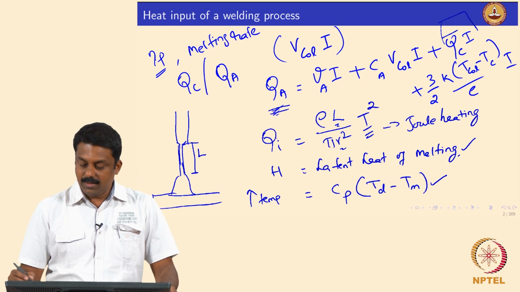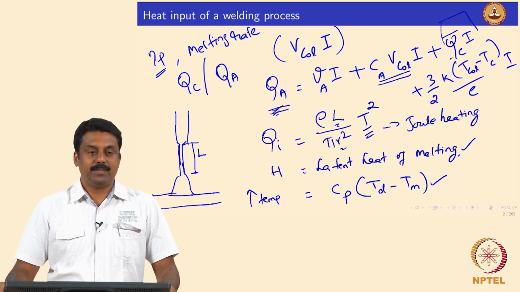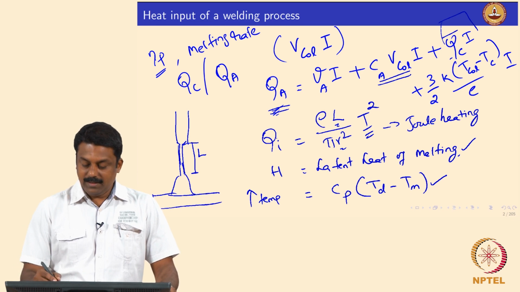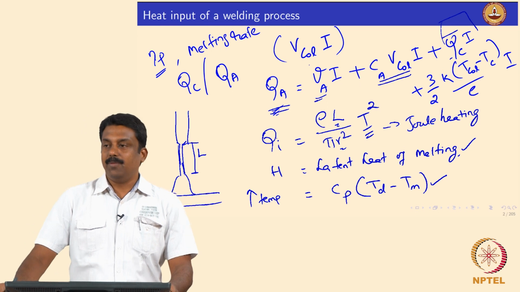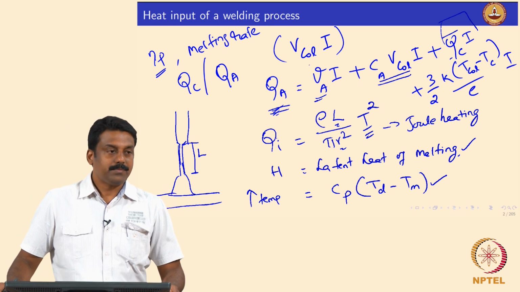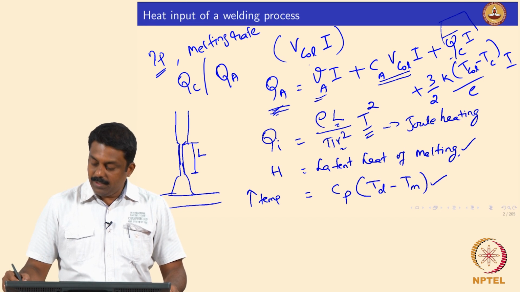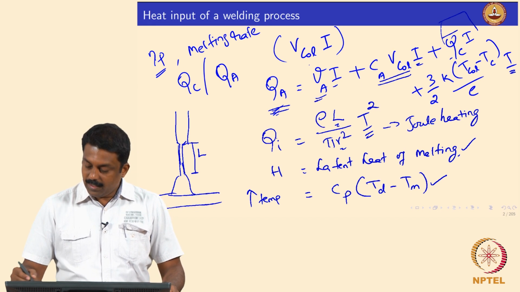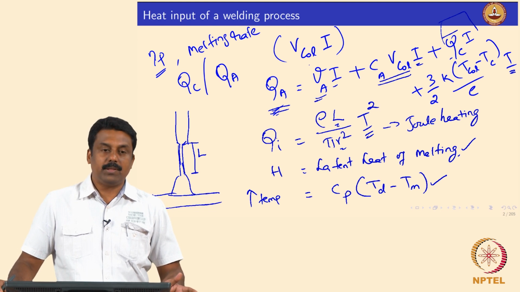Of course, if you take I out, this becomes a material function, and this is process specific. If you fix a process and a shielding gas, this is fixed. And V_A is the voltage in the anode drop zone. Again this is process specific. So the main variable here is again I, and all other things are either material dependent or process dependent.